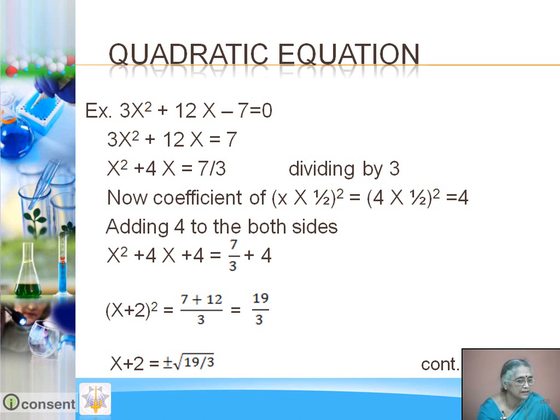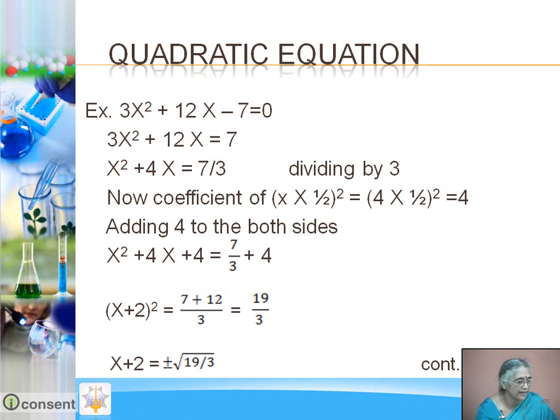Now the required third term, or square term, is the coefficient of x into half, that is 4 into half, and the square of that, which is equal to 4. So we add 4 to both sides. Therefore we get x² + 4x + 4 = 7/3 + 4. Simplifying this, we can write (x + 2)² = 19/3.